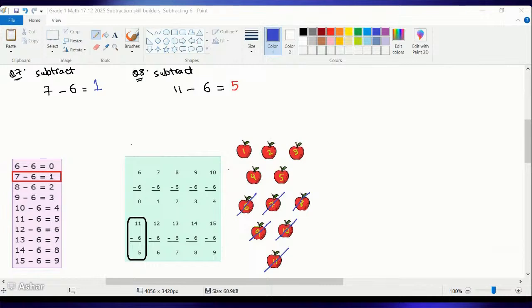Very good. The next question says subtract 10 minus 6.